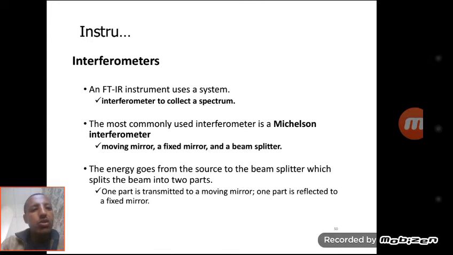The most commonly used interferometer has a fixed mirror, a moving mirror, and a beam splitter. The energy goes from the source to the beam splitter, which splits the beam into parts. One part moves to the moving mirror, and the other part of the split beam moves to the fixed mirror.